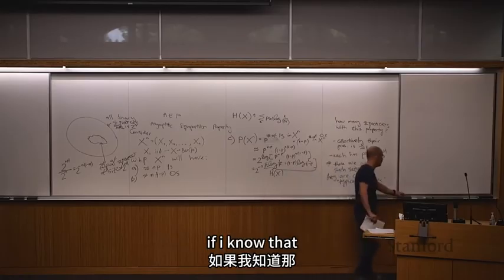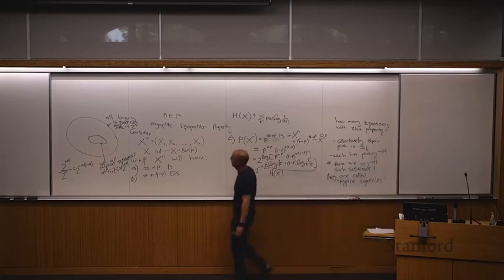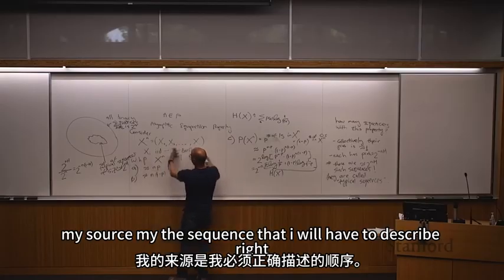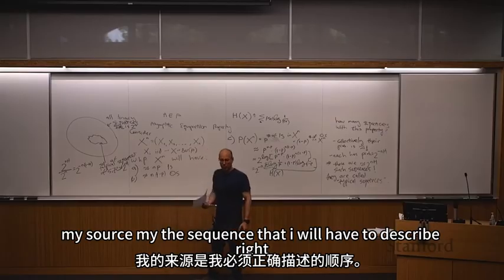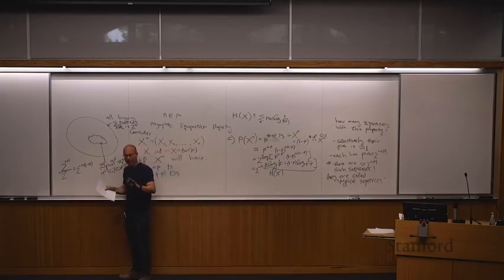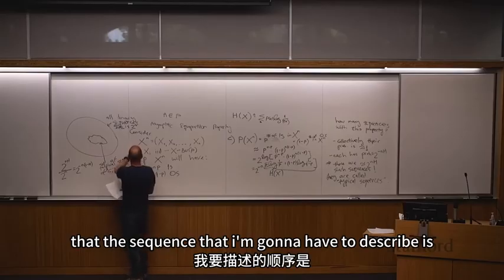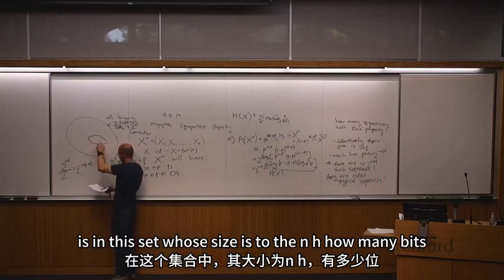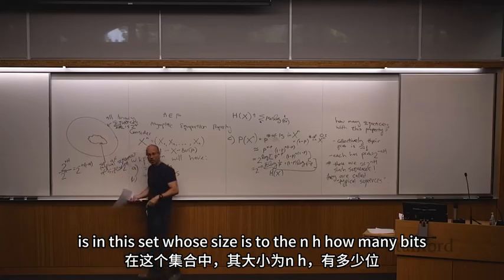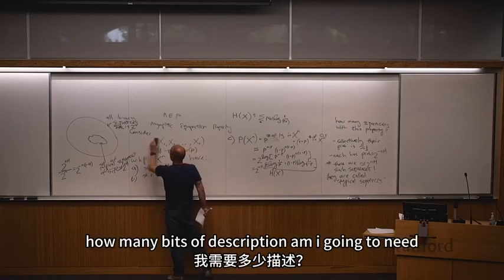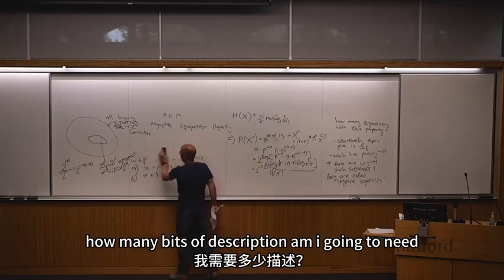Let's say I knew with probability 1 that the sequence I'm going to have to describe is in this set, whose size is 2 to the nH. How many bits of description am I going to need?